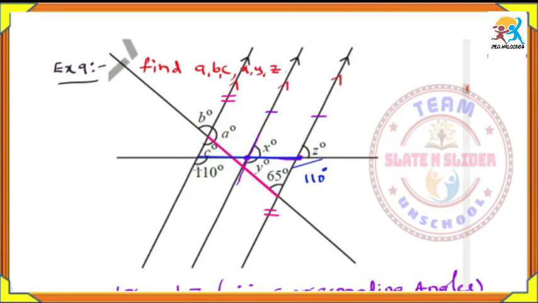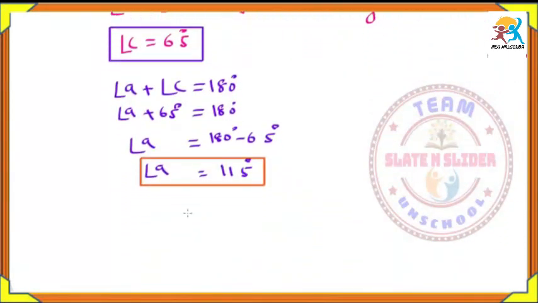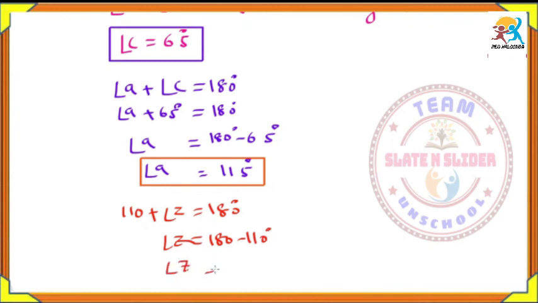This is in the interior of the two lines and this 110 is the exterior of the two lines. So these two are equal. And the sum of these two is 180. So we can write 110 plus z is equal to 180. So angle z is equal to 180 minus 110. So angle z is equal to 70 degrees.